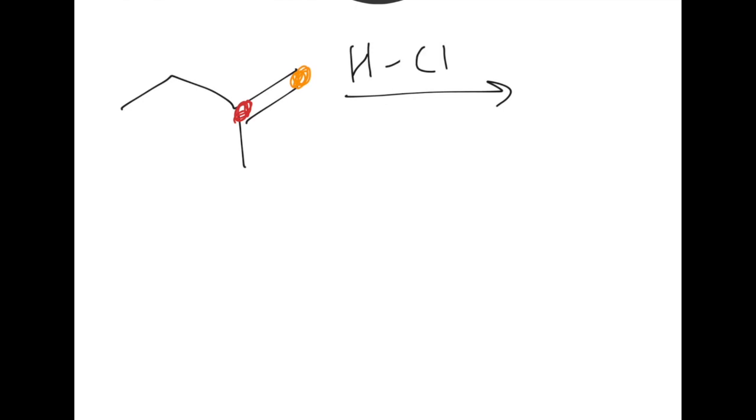None. How many hydrogens are on the orange carbon? 2. 2 is more than 0. So we're going to put the hydrogen from the HCl on the orange carbon, and the chlorine goes on the other carbon.